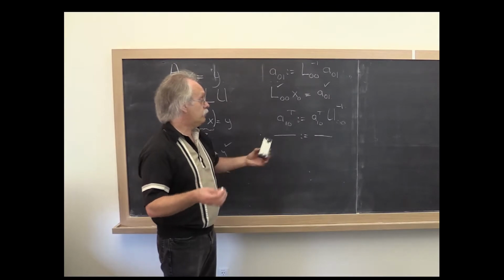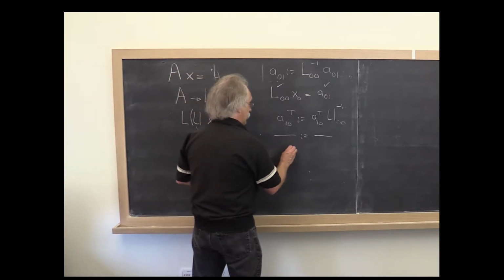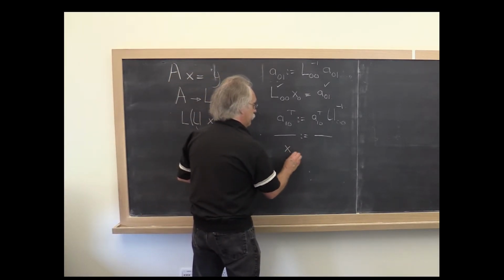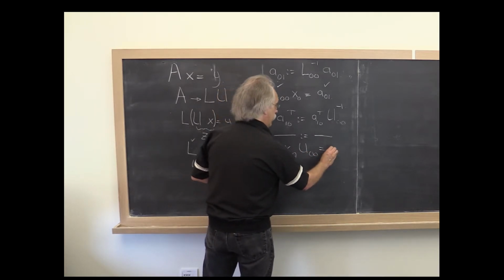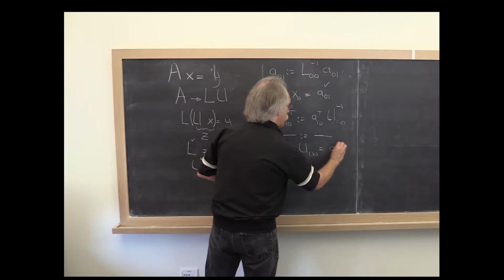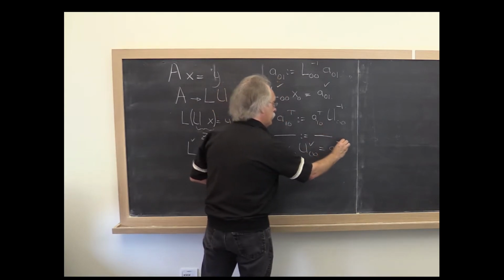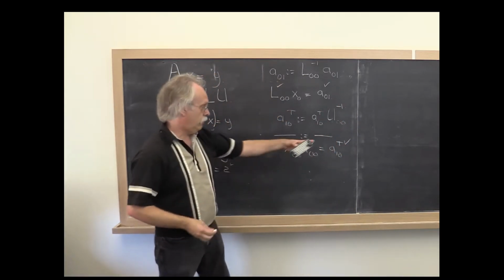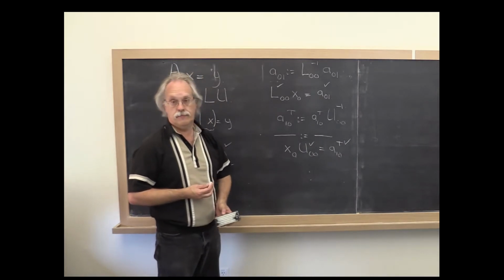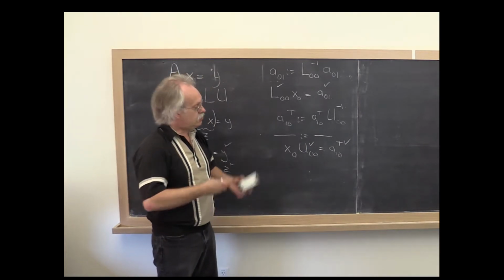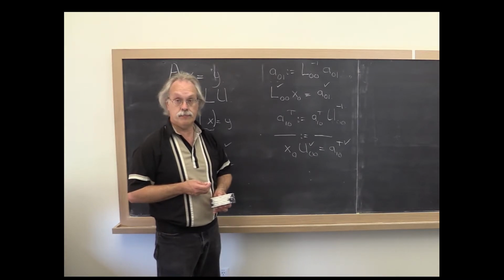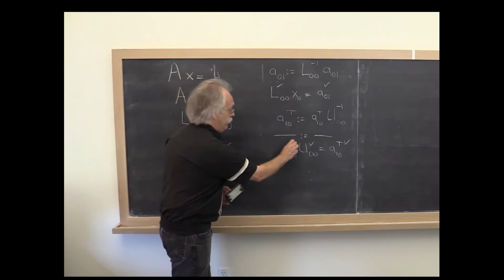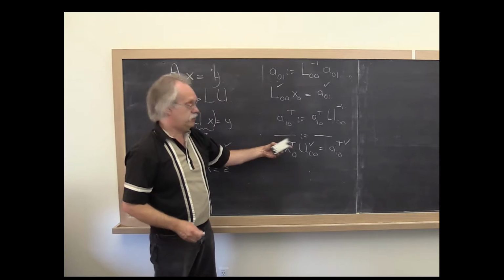We can think of that alternatively as trying to find x0 that satisfies this constraint right here, where we know what u00 is, we know what this row vector on the right hand side is. And that's starting to look sort of kind of like solving a triangular system. I should have had a transpose on here because this is a row vector.